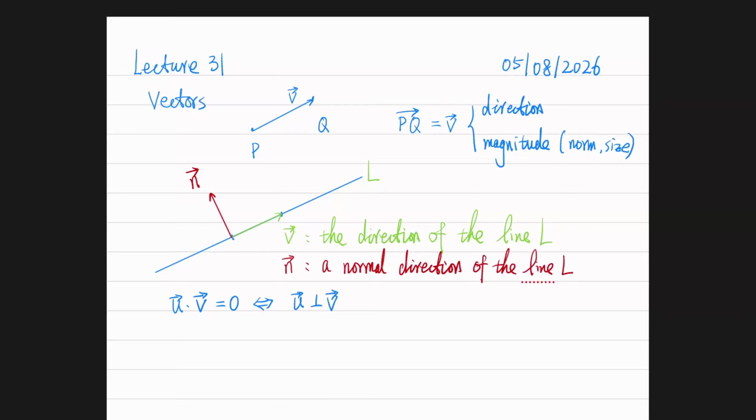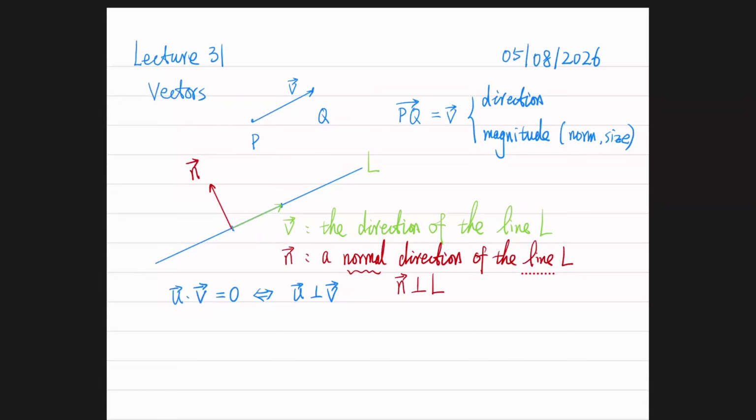So here, normal. In different contexts, this word has different meanings. In this context, I mean perpendicular. It's perpendicular to the line L.